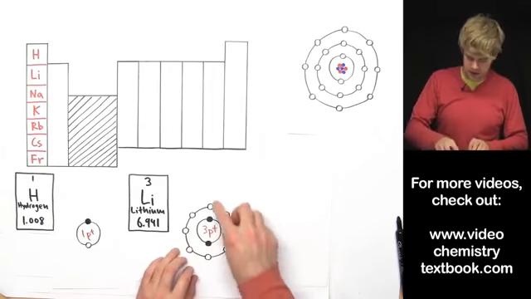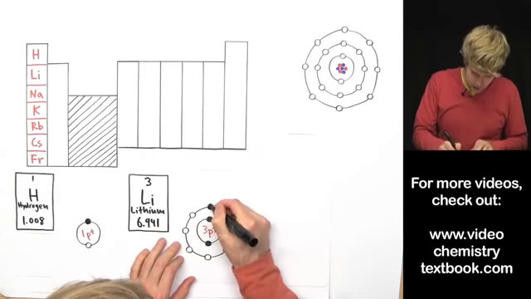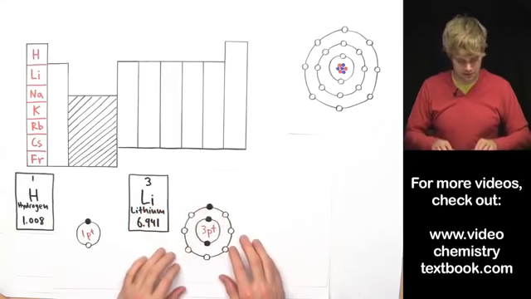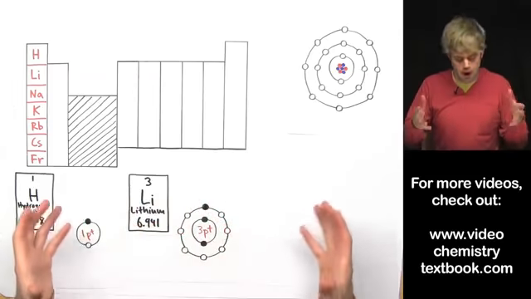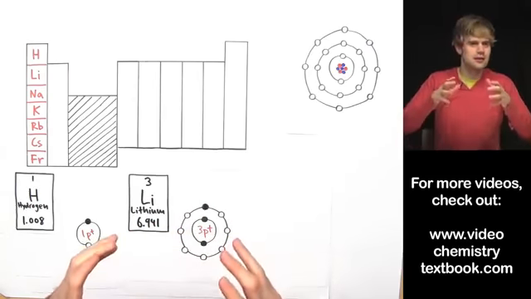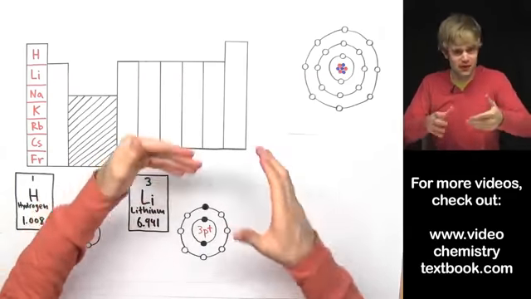Now we want to start thinking about the second energy level. The first one is filled, and now 1 electron is going to go here in the second energy level. So these energy levels are really like parking spaces. Imagine that the nucleus is a mall. The parking spaces closest to the entrance of the mall are the ones that fill up first.